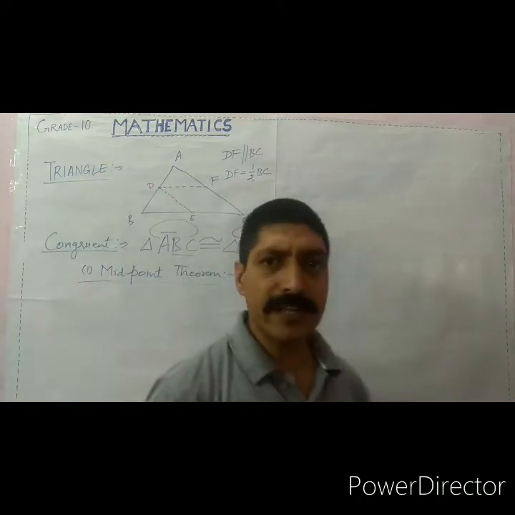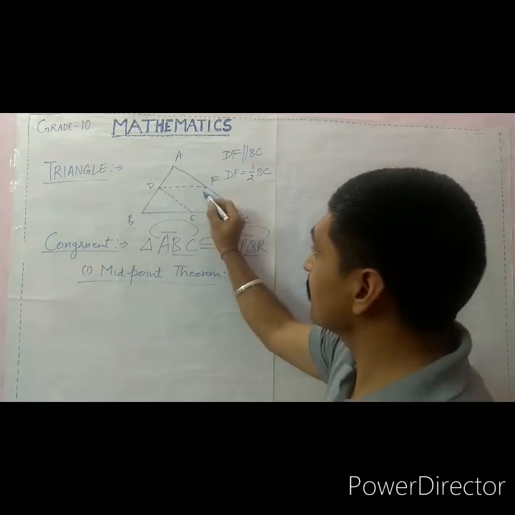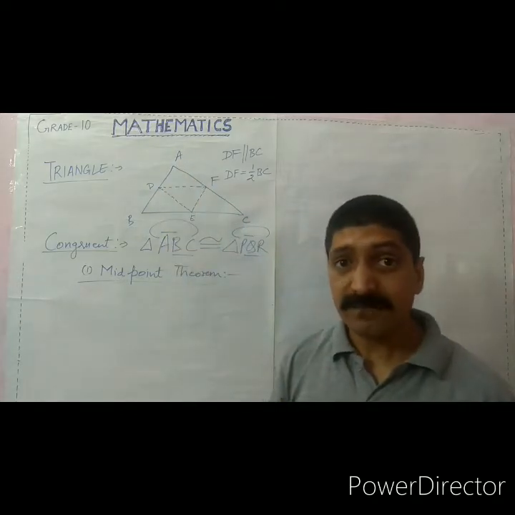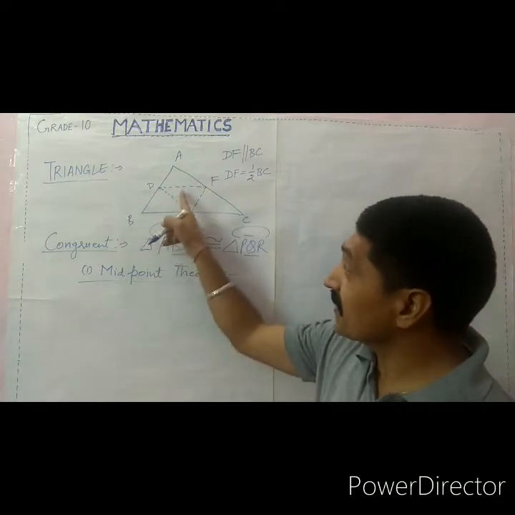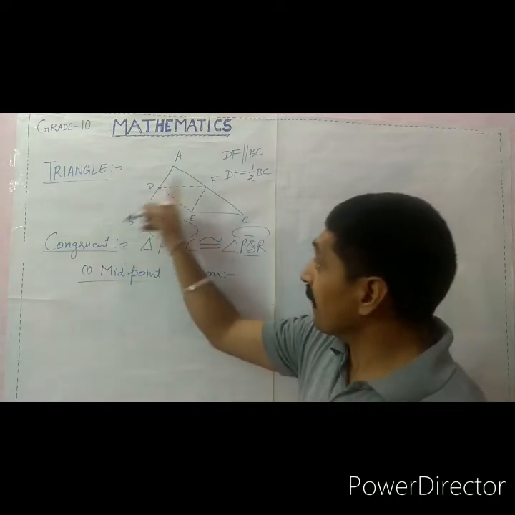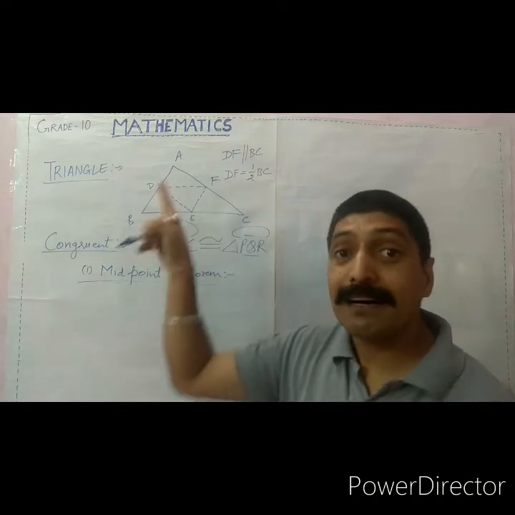So we have studied this in detail. Even we have studied that these 4 triangles are of equal area. Even we have studied that these 2 triangles are congruent. Even we have studied that DBEF is a parallelogram.